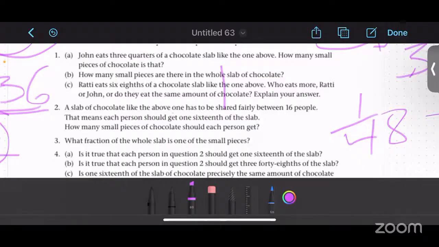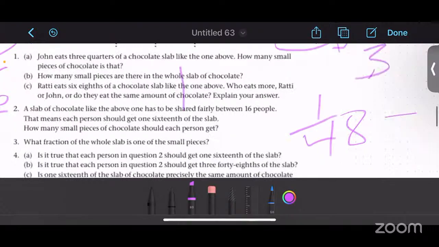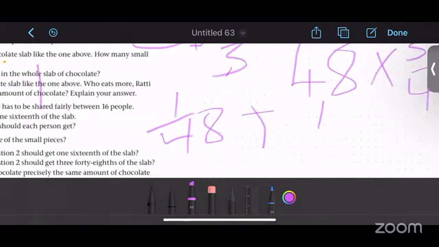Basically, you're going to say 1 divided by 16 multiplied by 48.